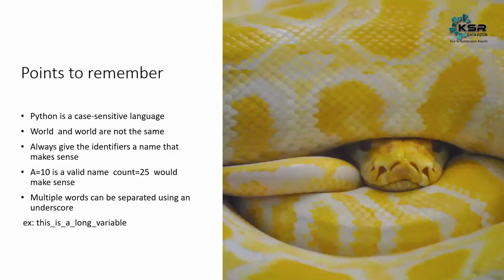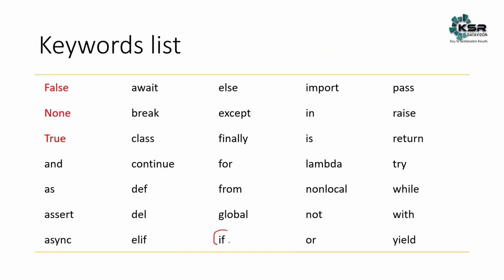If you go back here, can you see the if, the for, the while? Some of these keywords can also be used in statements. When we discuss the if statement, the conditional statement, and the looping construct, I will talk about these points in detail.